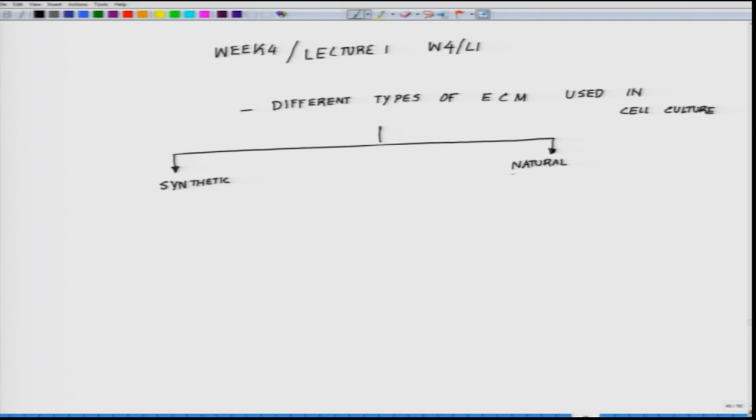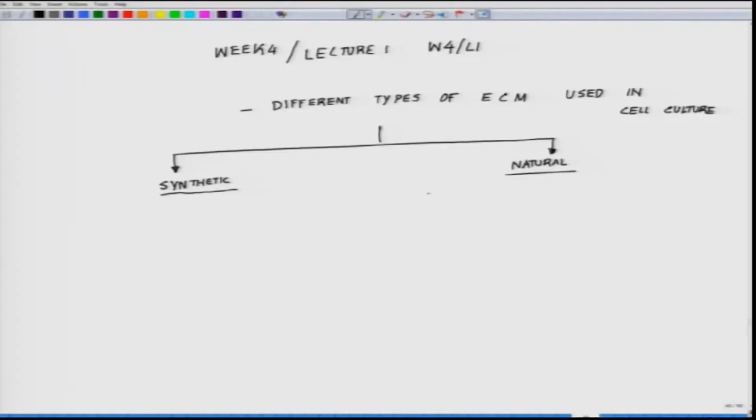When we talk about natural, we talk about the ones which are known to show this effect. These could be obtained from natural sources directly or using a biotechnological approach. They could be produced in mass by transferring their genes into some other secretory protein cell lines where you can produce them.